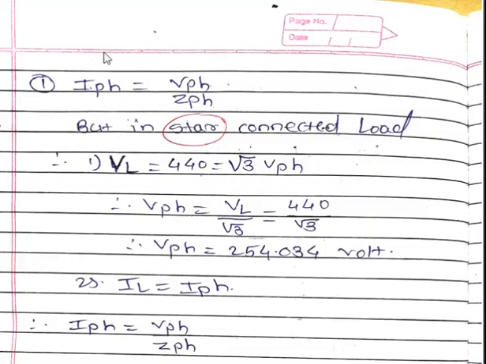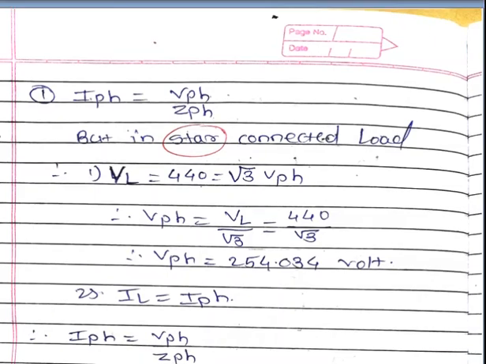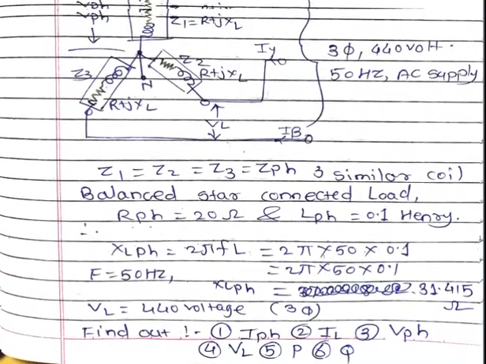In a star connection system, the relation between line voltage, phase voltage, line current and phase current is: the line voltage is root 3 times the phase voltage and the line current is equal to the phase current. We have already seen these in the formulas for the polyphase circuit.